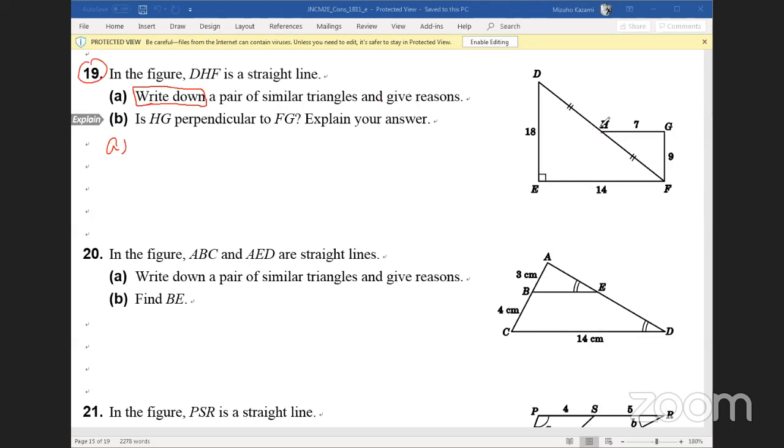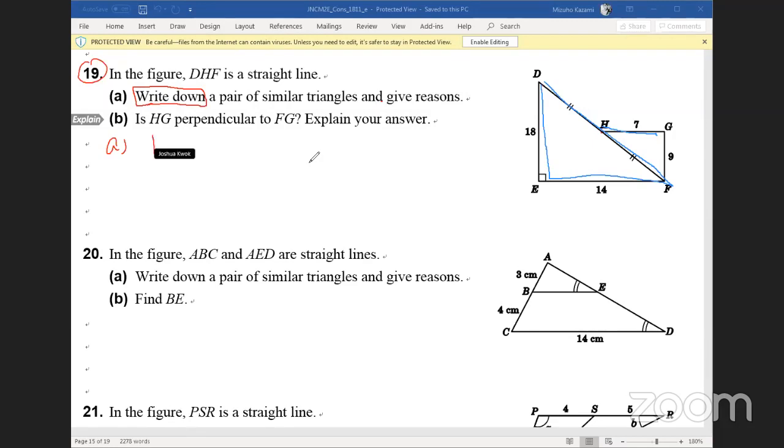In this case, if you look at these two diagrams, these two triangles, what do you think? This one and this one, and then why? Of course, this time it's not AAA.